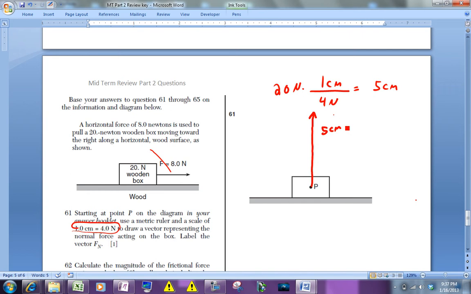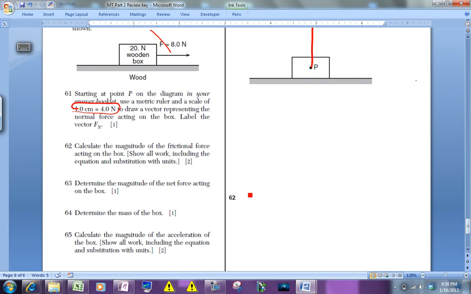Part 2 asks you to calculate the magnitude of the friction force. To do that, we're going to use an exciting equation, the fun equation, F equals mu N, keeping in mind that this normal force, under many circumstances like this, where it's flat, is going to be equal to the weight force. It isn't always, but for a problem like this, it is.